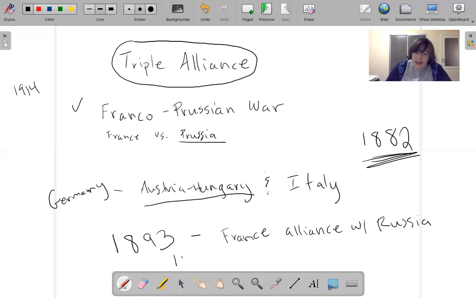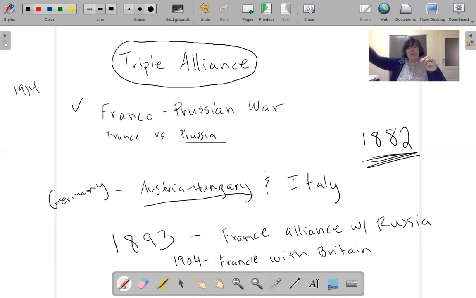Then in 1904, France became buddies with Britain. And so now France is friends with Britain, that's up here, and Russia, that's over here. And that is these three.